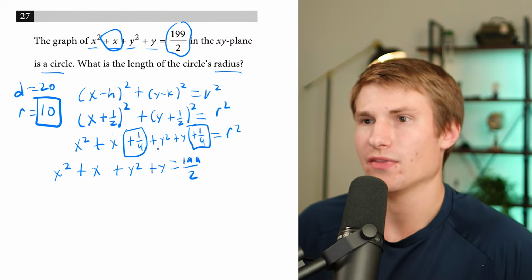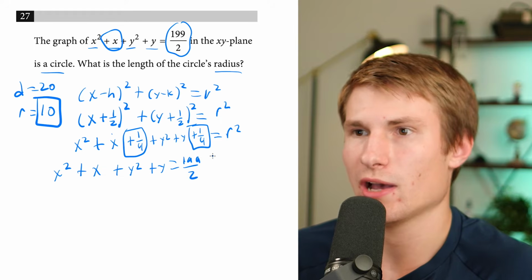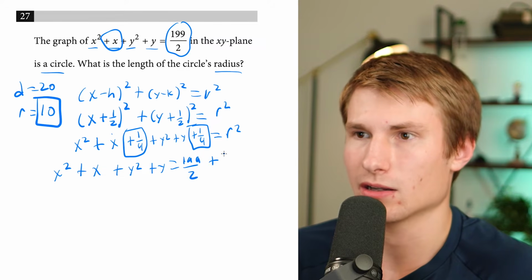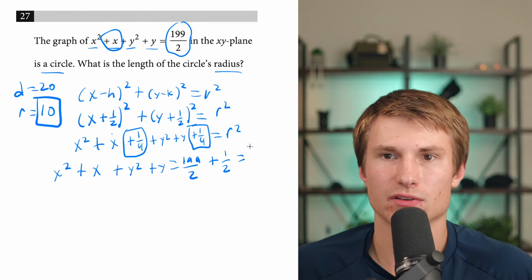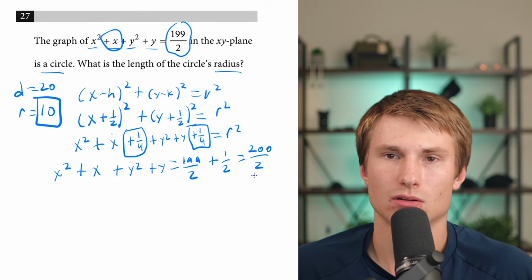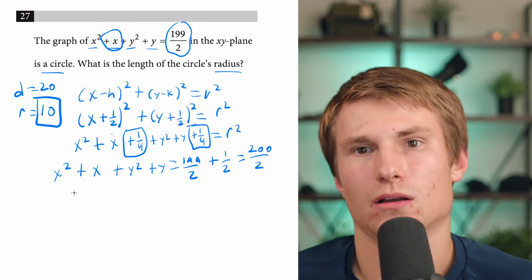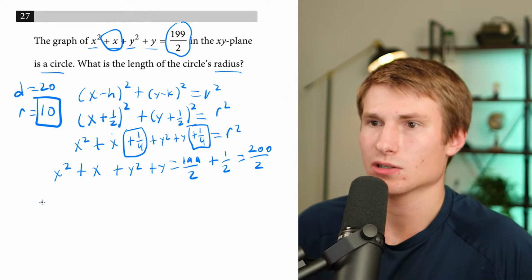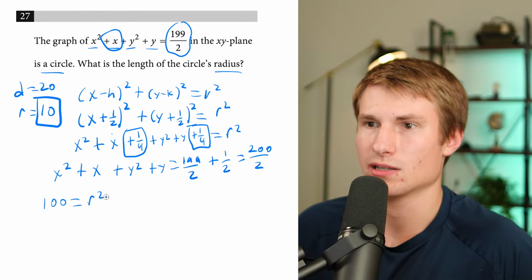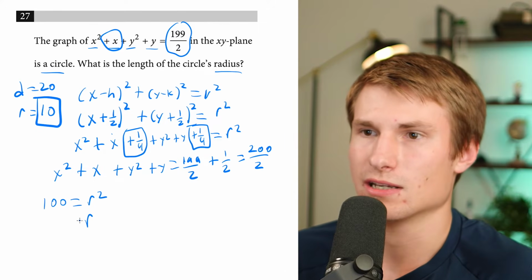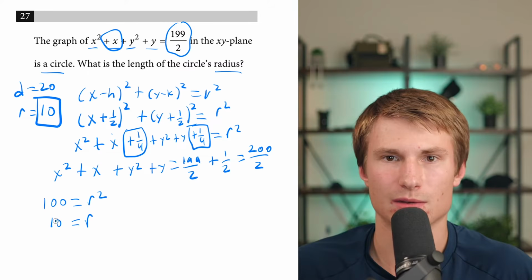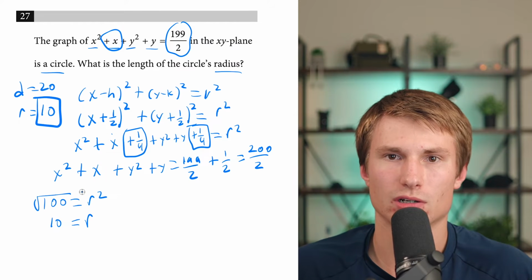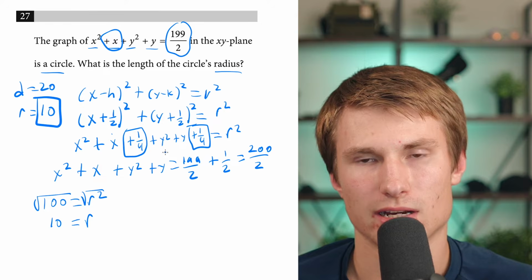So adding 1/4 and adding 1/4 is the same as adding 1/2. And that'll give us that 200 over 2. Okay, so with that 200 over 2, we know that that's 100. So if 100 is equal to our radius squared, then that means our radius would have to equal 10, because we take the square root of 100.